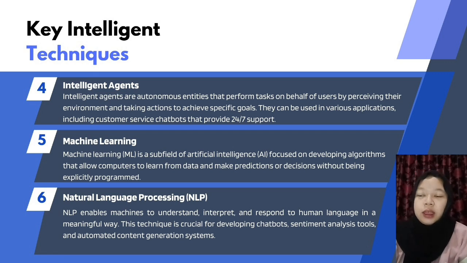And the last is natural language processing, or NLP. NLP enables machines to understand, interpret, and respond to human language in a meaningful way. This technique is crucial for developing chatbots, sentiment analysis tools, and automated content generation systems.